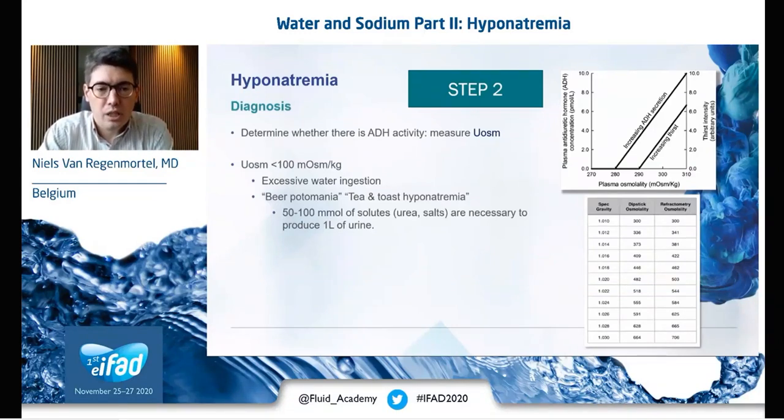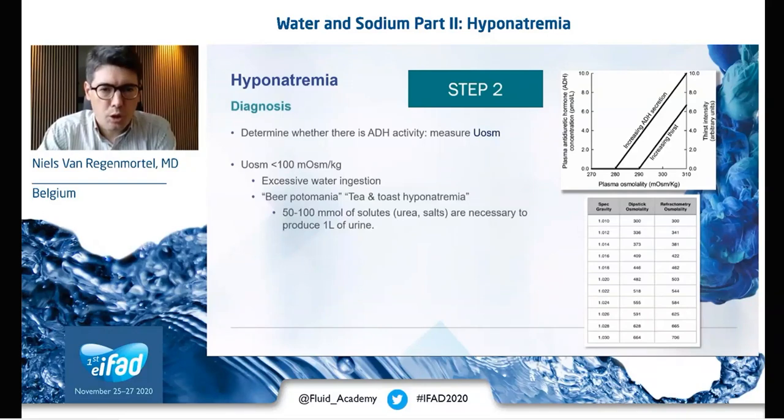But in these beer potomania or tea and toast hyponatremia patients, this is not the case. These patients can only produce 4 to 5 liters of urine before experiencing hyponatremia, just because you need some solutes, you need some urea and salts to be able to produce enough volume and to dilute this amount of urine.